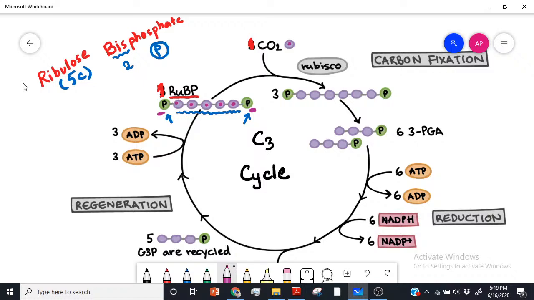Now over here comes the RUBP taken in from the stroma, and along with that fuses or reacts the carbon dioxide taken in from the atmosphere, and they react to form something known as this structure. This is some 6 carbon containing intermediate. So are you with me? This is an intermediate.